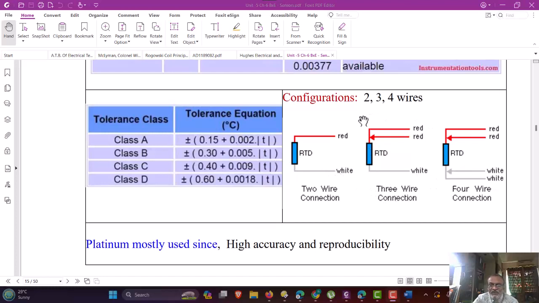Sometimes three wire configuration of the sensor is also available, like this shown in the figure. Whereas 4-wire RTD configurations are also available. They can have dual wire connected to both the ends. These multiple wires are used to compensate the lead resistance.